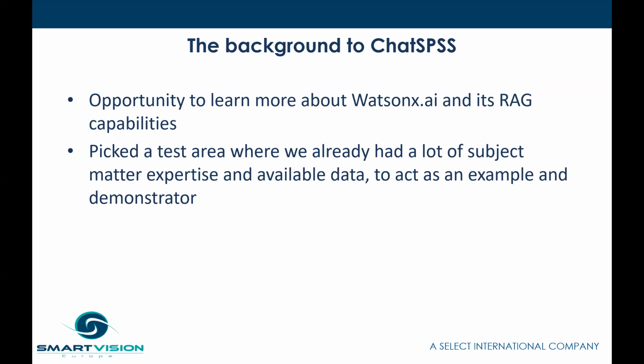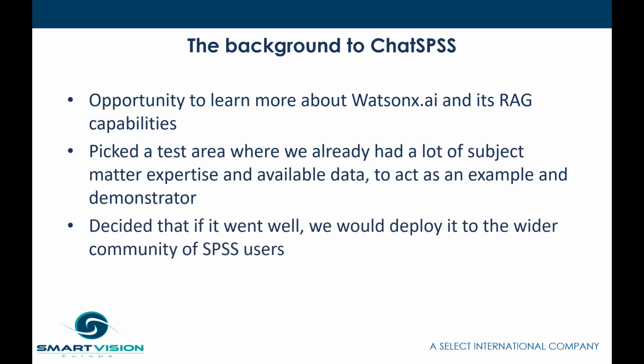We obviously had some available data about that to act as an example that we could demonstrate to people and say, look, here's an example of a RAG solution that we've built. And we decided that if it went well, we might as well deploy it out to the wider community of SPSS users, so we'd make it available to everybody if they wanted to play around with it or use it as a tool, assuming they're working with the SPSS platform.